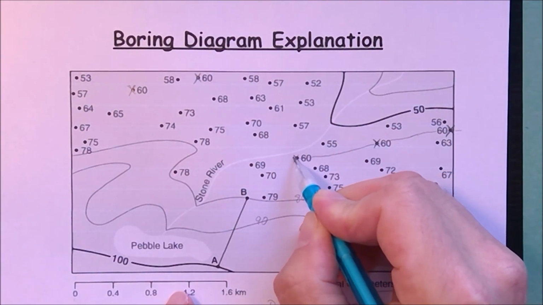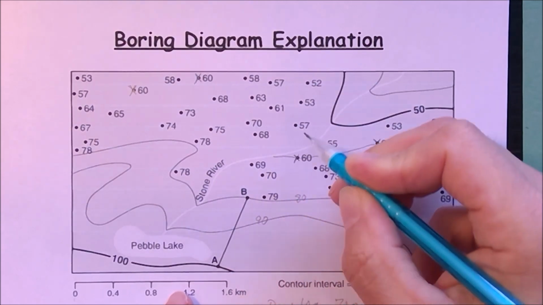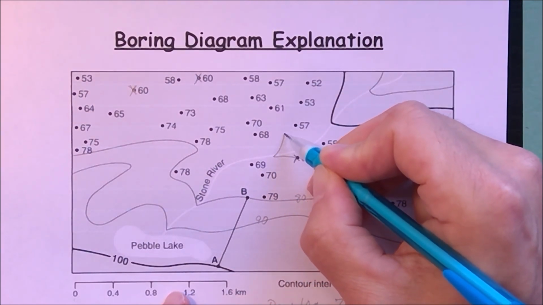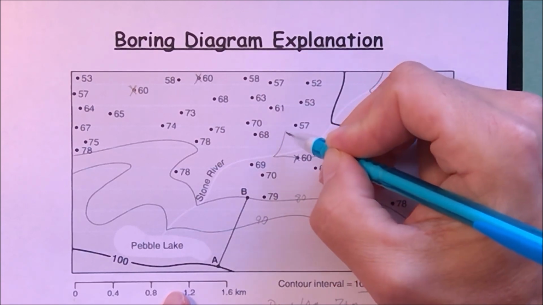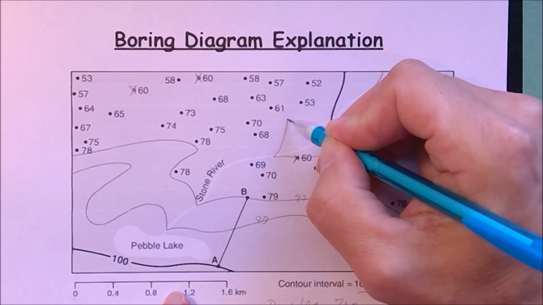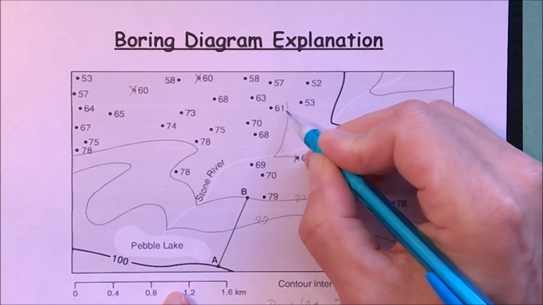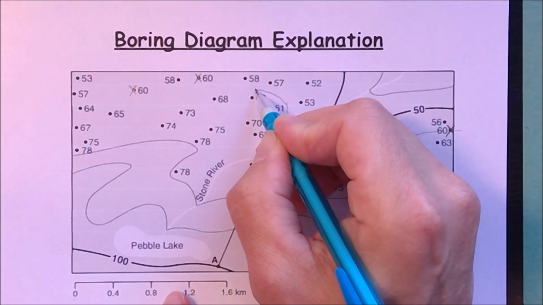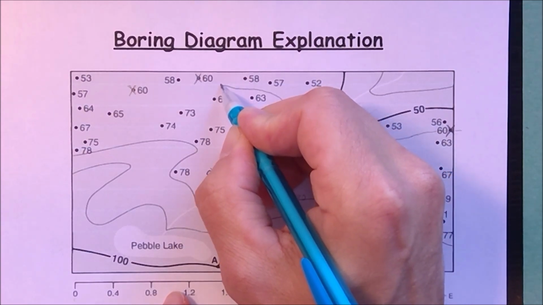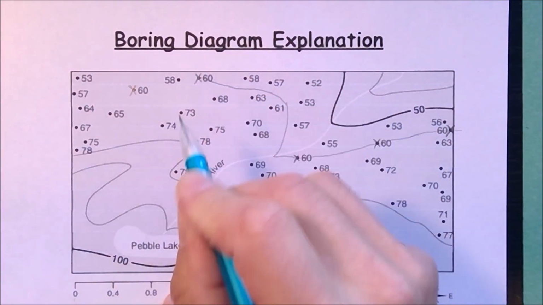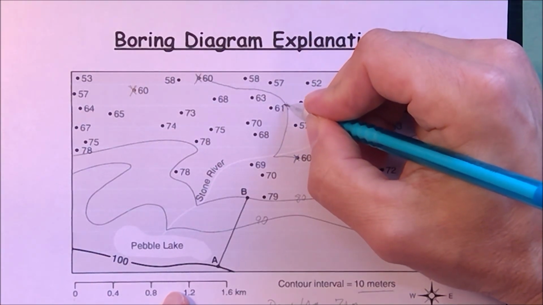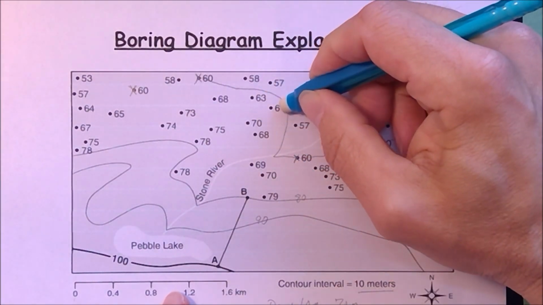All right, I'm hitting a stream. So I want my contour line to bend. We're separating values less than 60. So 60 comes between 53 and 61. My 60 is going to go around the 63. I have to hit the point. When you're doing this, make sure your lines are continuous.